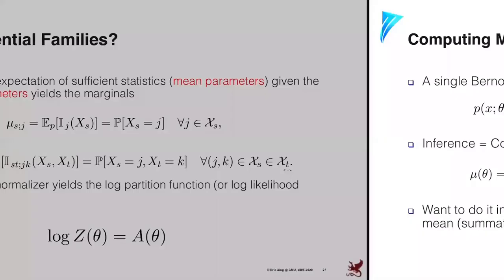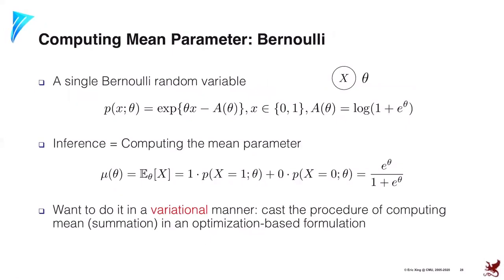And now let's consider an example. We consider computing the mean parameter for a Bernoulli distribution. Suppose we have a Bernoulli random variable x, and then we can do the inference like this.